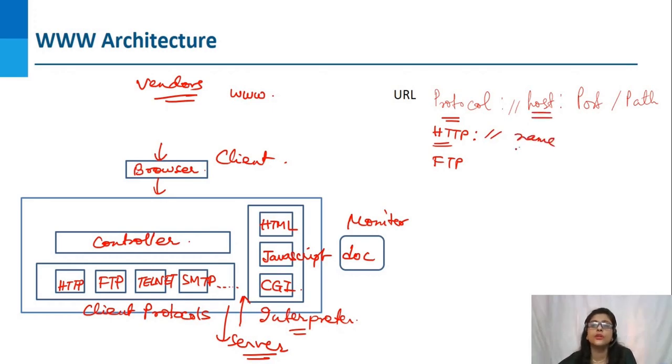This is the name of the computer where the web page resides. Then if there is a port number associated with it, you give the port number. For HTTP, we use the port number 80, and then you give the path of the file. So this is the file name.